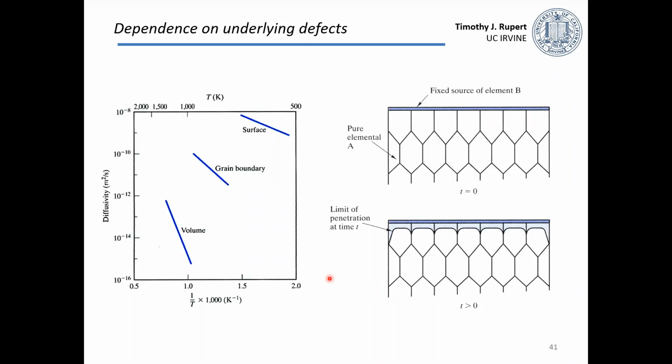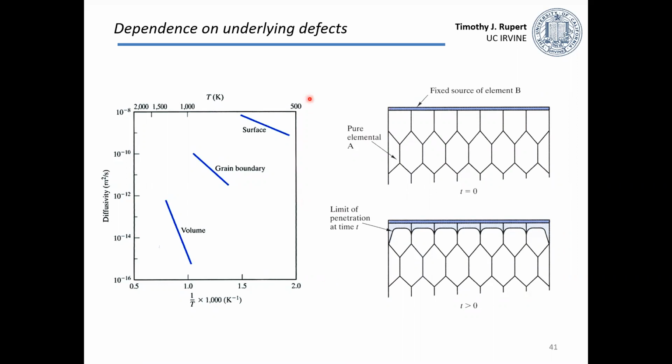So the last thing I want to mention is that we saw how the size of that diffusing species can be pretty important, and we also saw how the crystal structure matters. So for example, all things being equal, BCC diffusion will happen faster because there's more empty space. But it turns out that those other defects that we mentioned also can come into play and affect the diffusivity too.